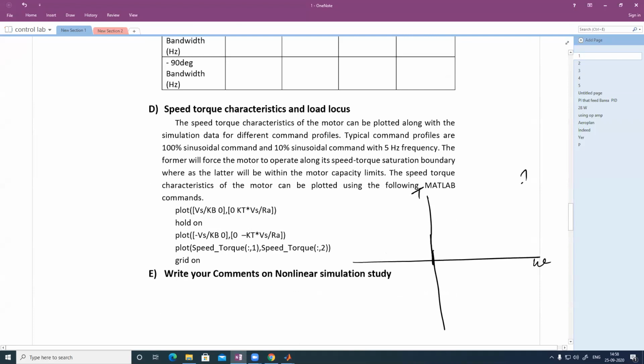The first quadrant and third quadrant, this is acting as a motor. You have to plot the speed torque characteristics. When load is not there, load equal to 0, speed will be maximum.